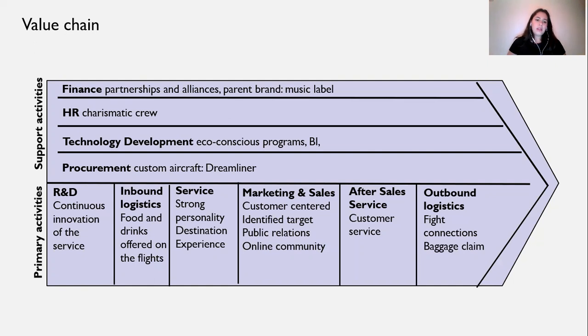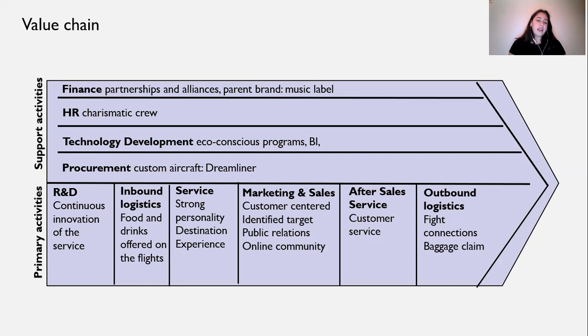Then in procurement, I have custom aircraft. For example, they have a new airplane called the Dreamliner. Their aircraft are very different. They have more space, they even have a bar inside. So the layout inside has to be custom made for them.